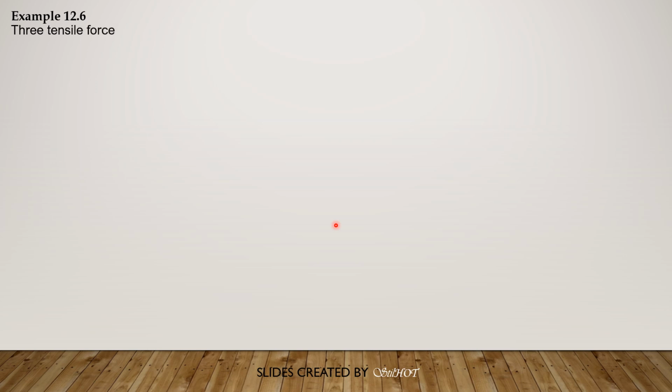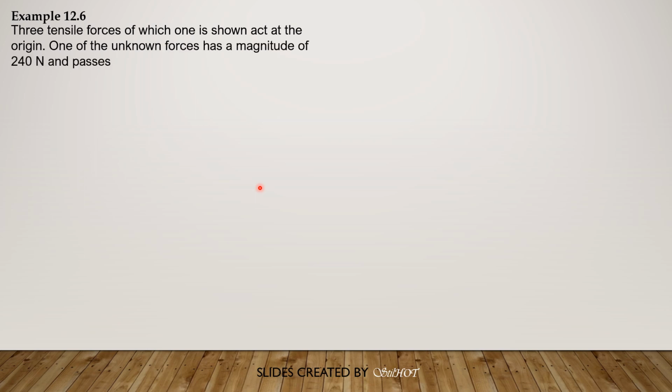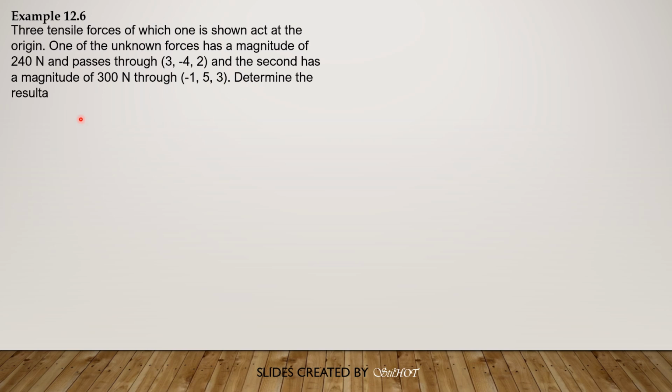12.6. Three tensile forces, of which one is shown at the origin. One of the unknown forces has a magnitude of 240 newtons and passes through the point 3, negative 4, 2 units. And the second has a magnitude of 300 newtons. Determine the resultant.